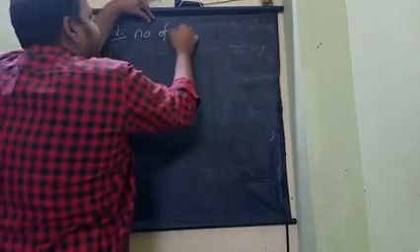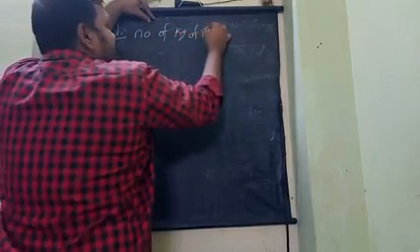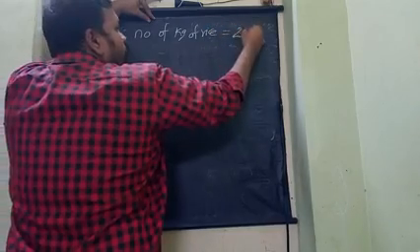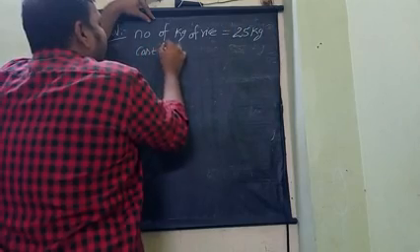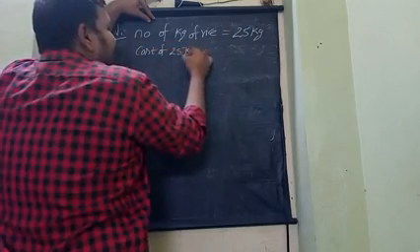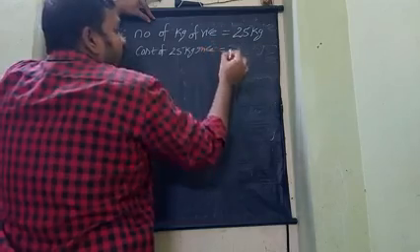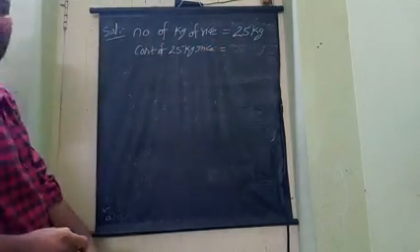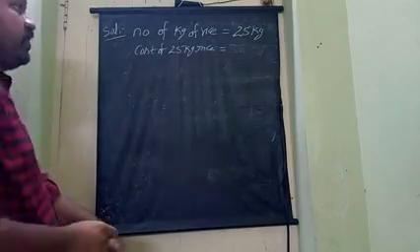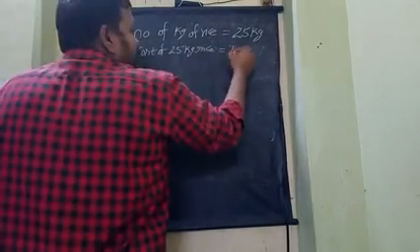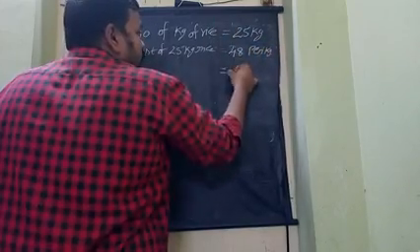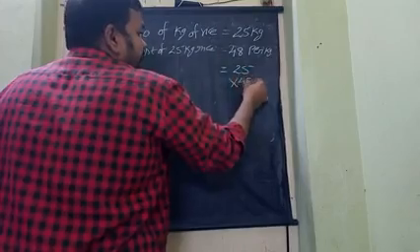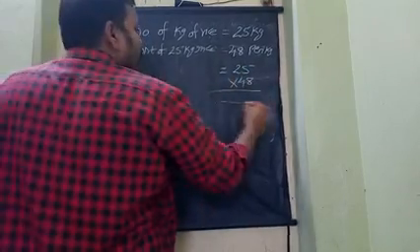Number of kgs of rice is equal to 25 kgs. Cost of 25 kgs rice is equal to, how much? 48 per kg, so 25 into 48.